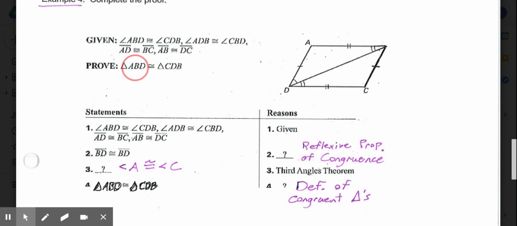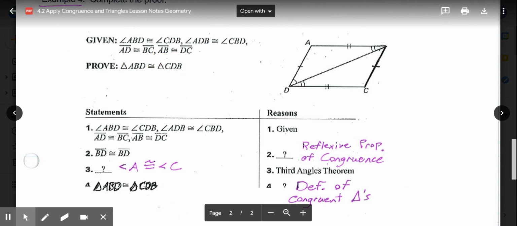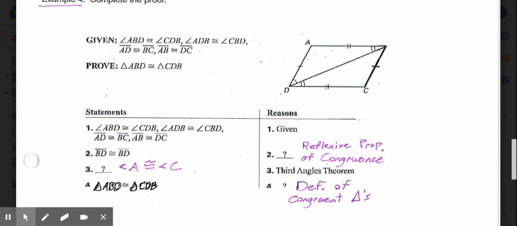They want us to prove triangle ABD is congruent to CDB. So all of our congruencies are marked in the image. So all this info here on the sides being congruent was all part of the given.